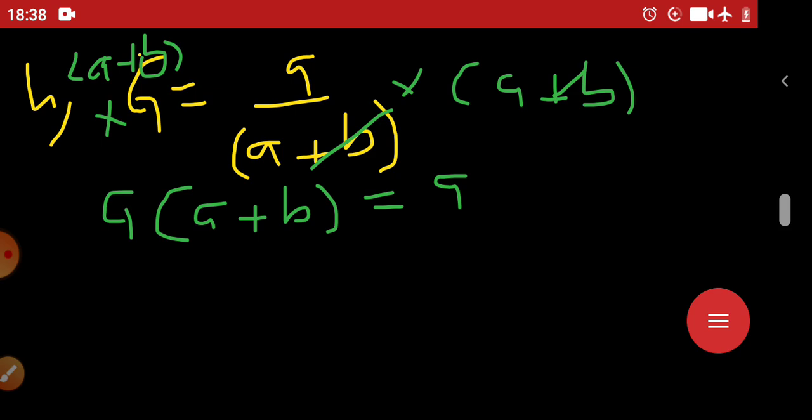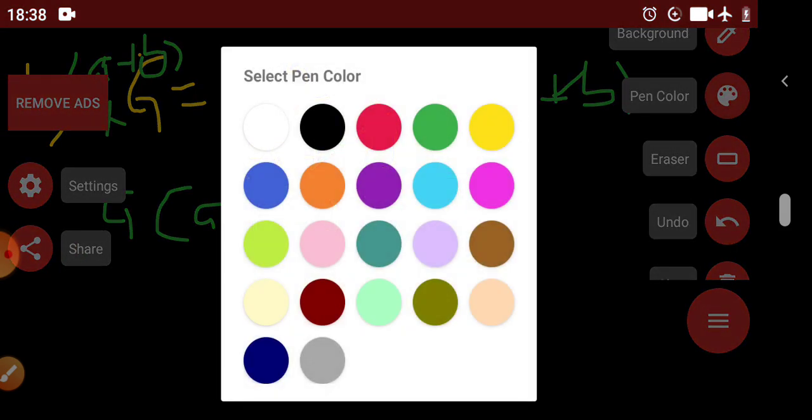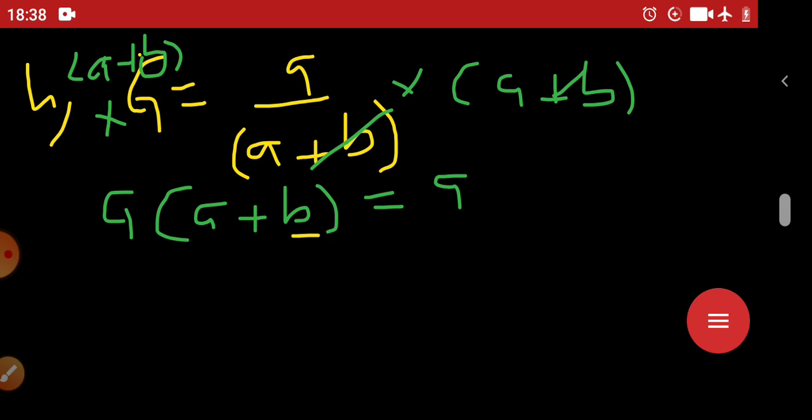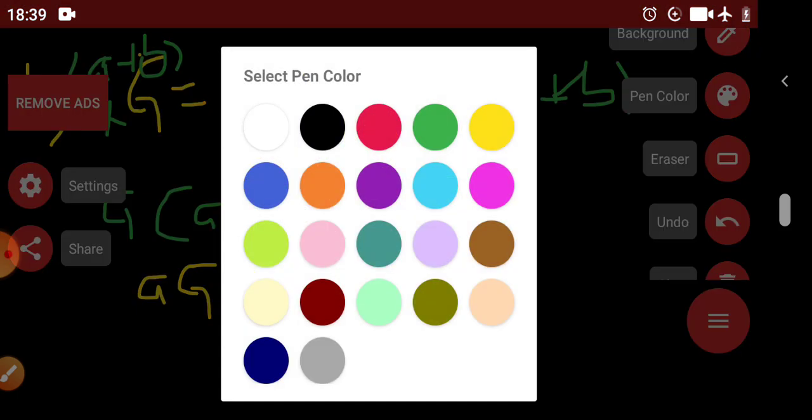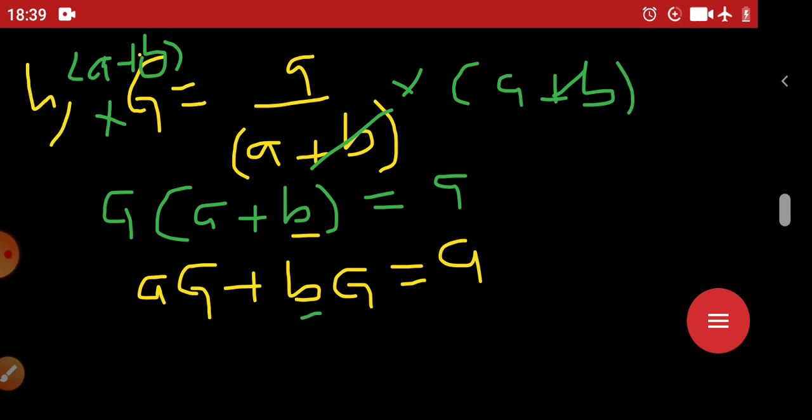But then we have b here, so we need to remove the brackets so that we'll have g times a plus g times b, which will be ag plus bg, equal to a. And now we have b this side, so it would be convenient now to take this guy to that side.